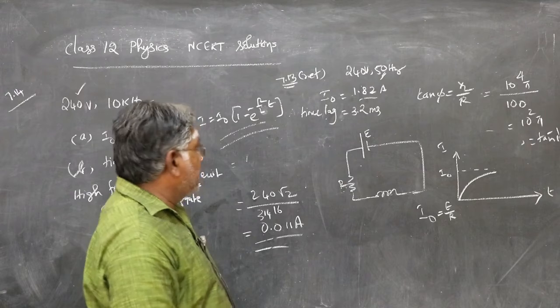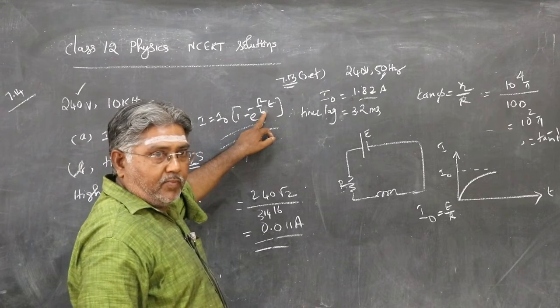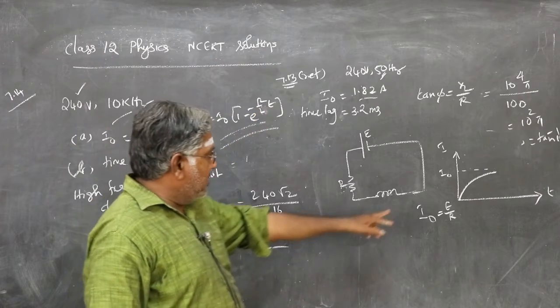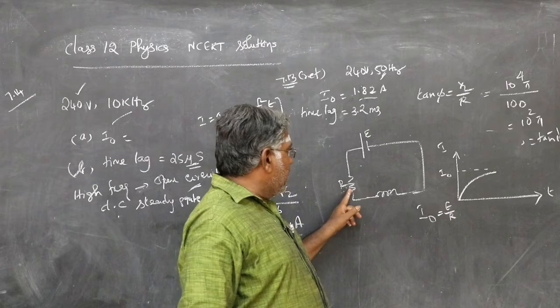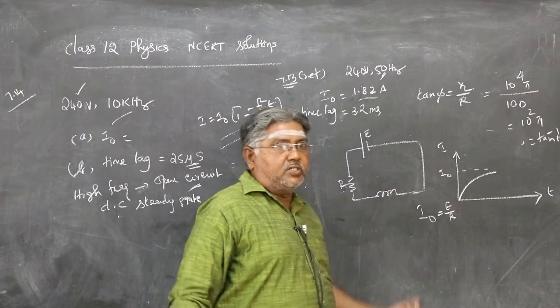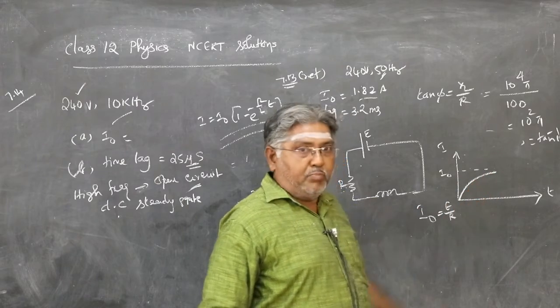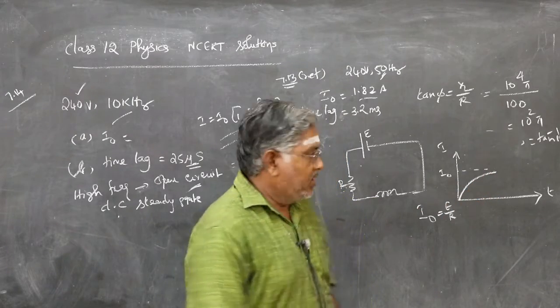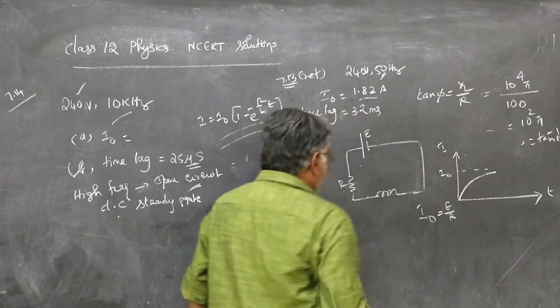Any instant before that, current is given by this. So, L will play a role. The current is less. That means it is not given by R alone; it is as if some more resistance is there in the circuit, because current becomes less before steady state. So R should be more than this.